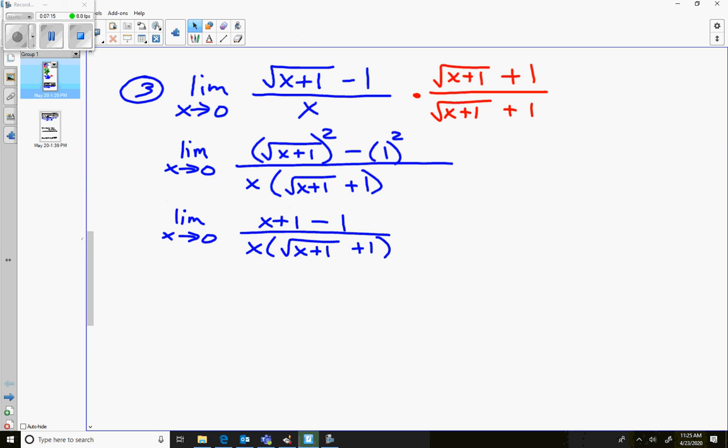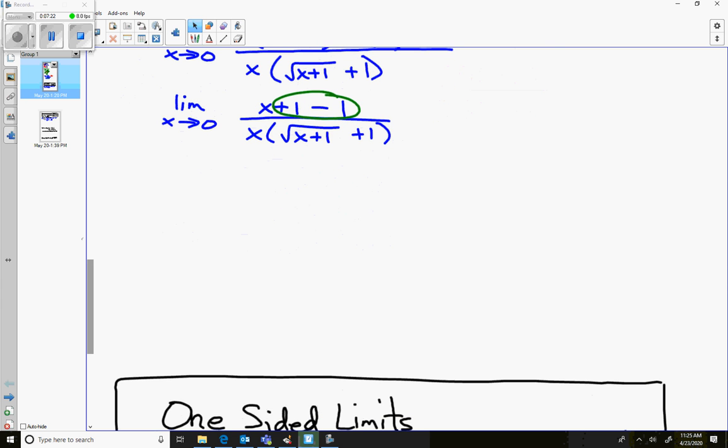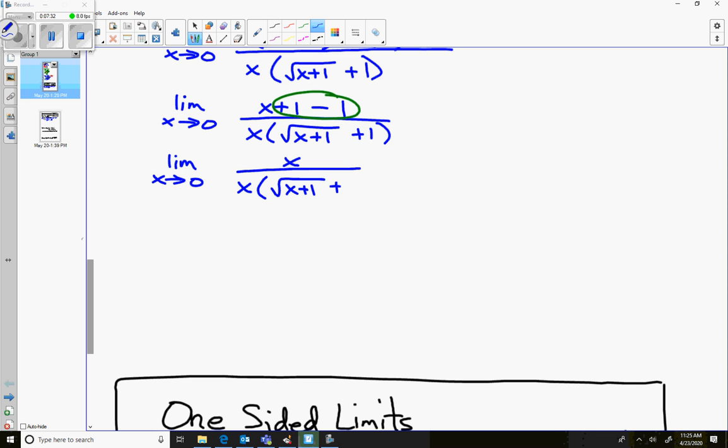But the plus 1 and the minus 1 do cancel as we're cleaning this up. So I have the limit as x goes to 0. The plus 1 and the minus 1 cancel, leaving just x on top. And now that there are no longer any plus or minus signs, now those x's do cancel.